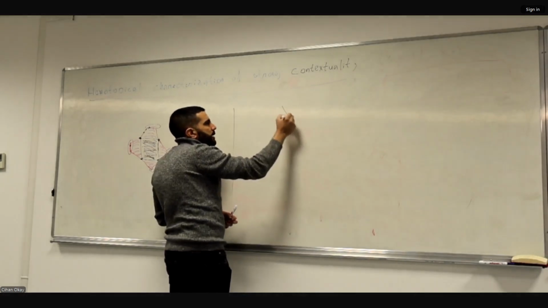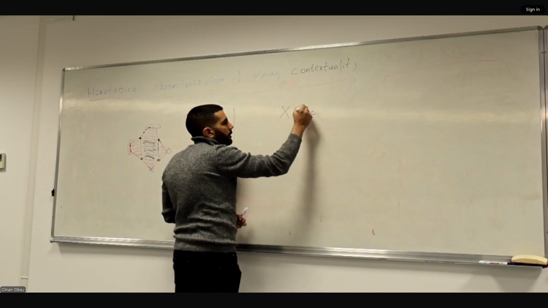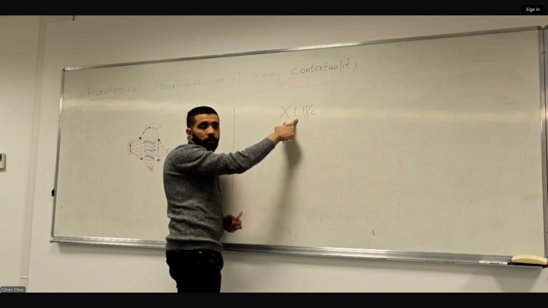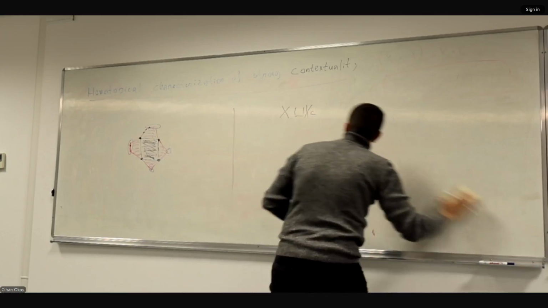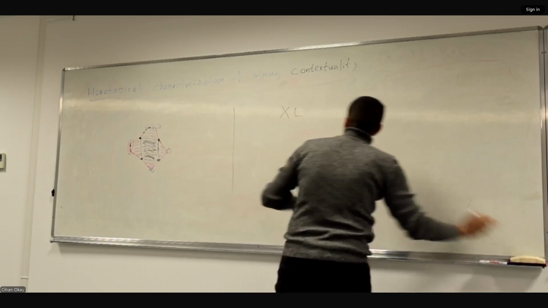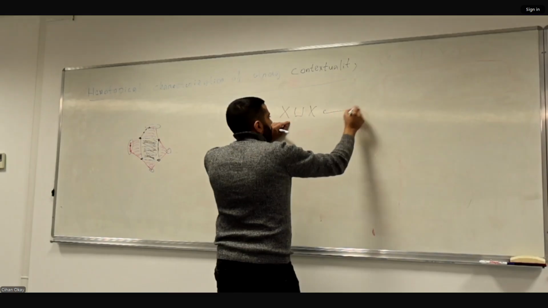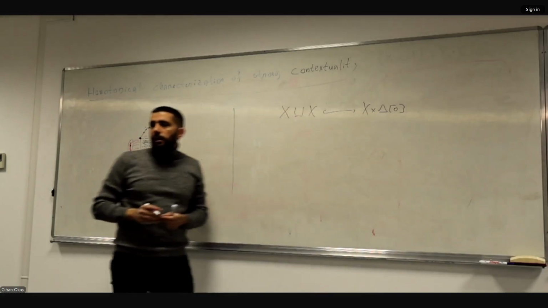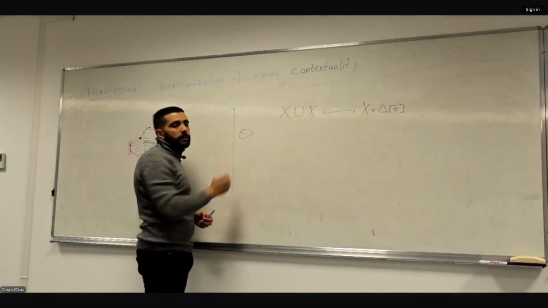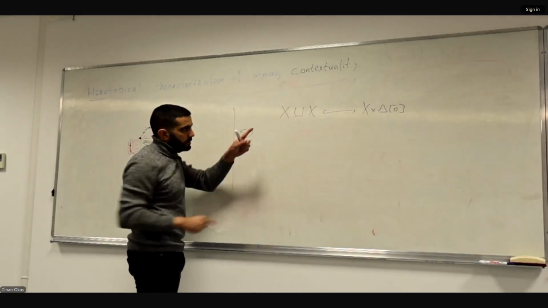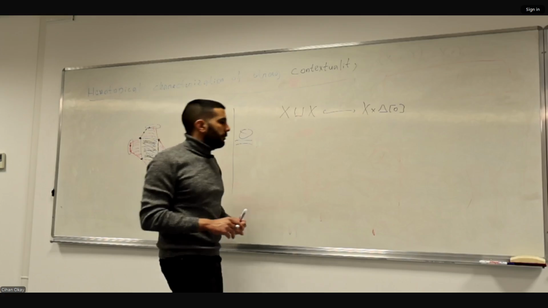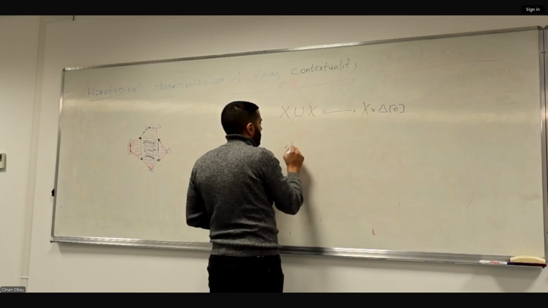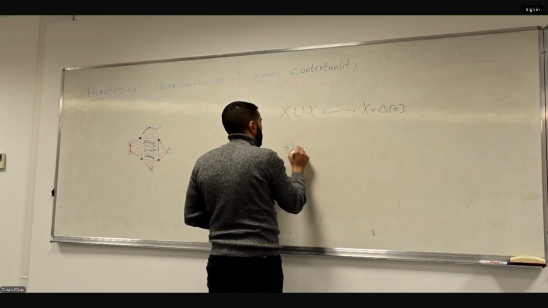We can take this map X, I mean this join union, okay? This join union maps to X cross delta 0. And because of the naturality of theta, this will induce the following square.